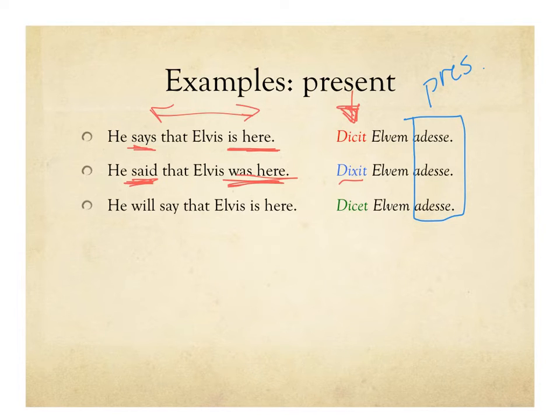And if I use the future, dicet Elvem adesse, he will say that Elvis is here, or we could say will be here. But the idea is that these two things are going to happen at the same time. He will say in the future, tomorrow, that Elvis will be here tomorrow. Or he will say tomorrow that Elvis is here tomorrow.